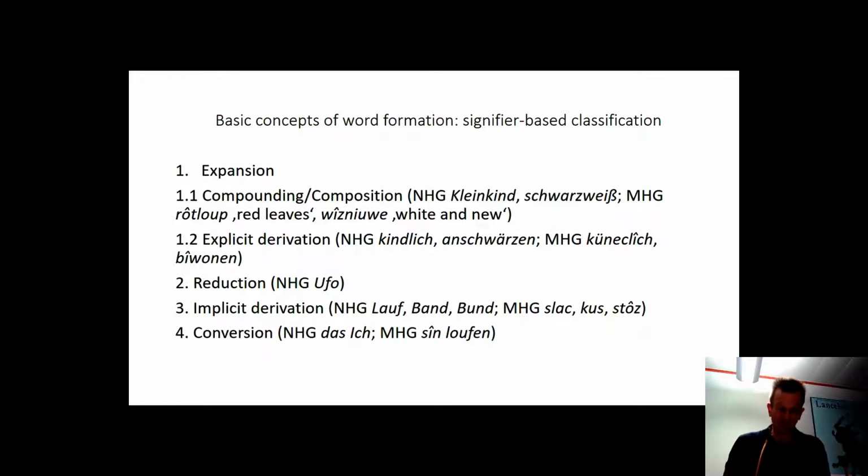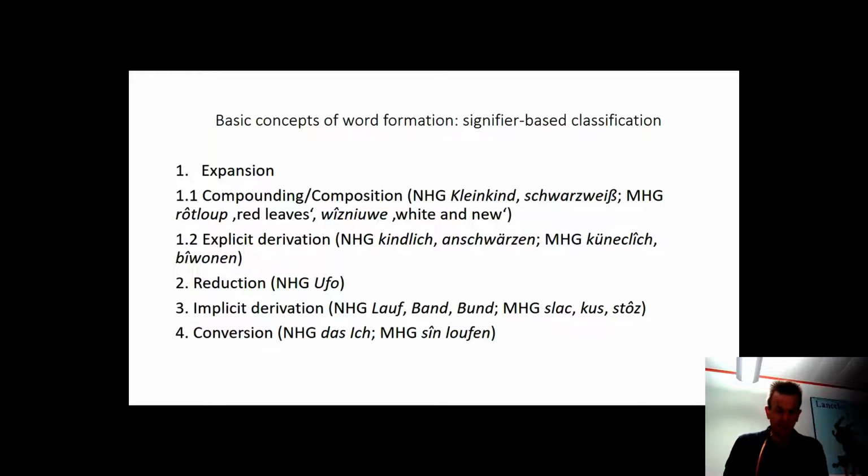A reduction, such as UFO instead of unknown flying object or unbekanntes Flugobjekt. It's the same pattern in German as well as in English. 3. A historical transparent reduction such as Flug from fliegen, an implicit derivation. Or 4. No modification of the signifier at all, as in the case of conversions like laufen.